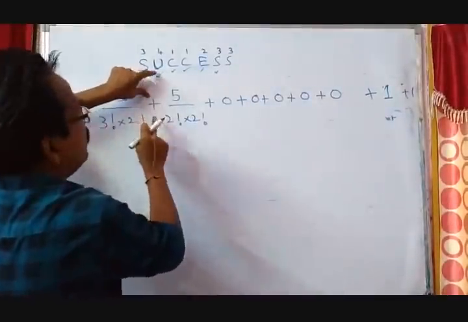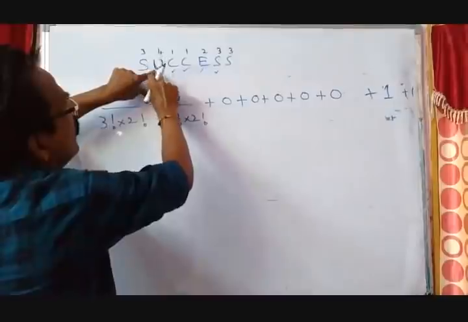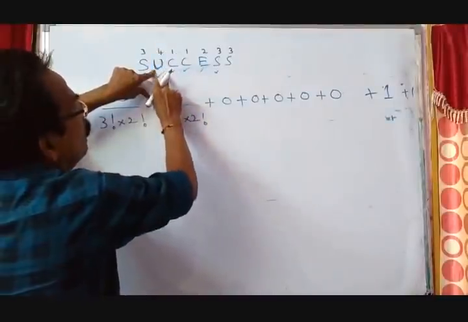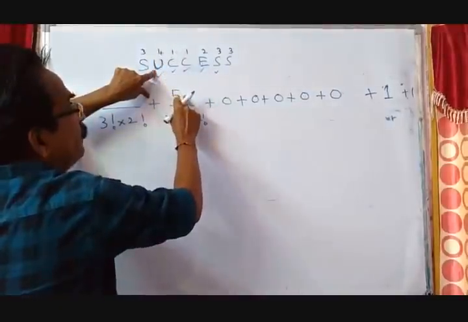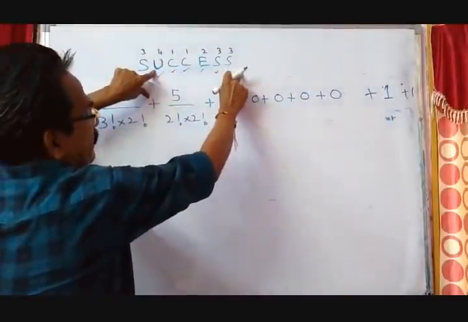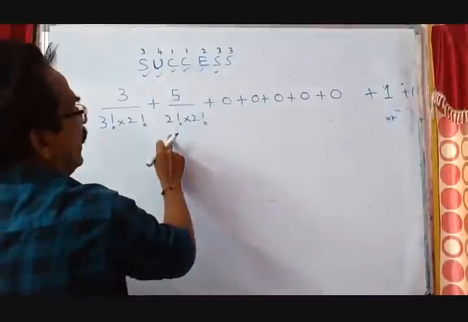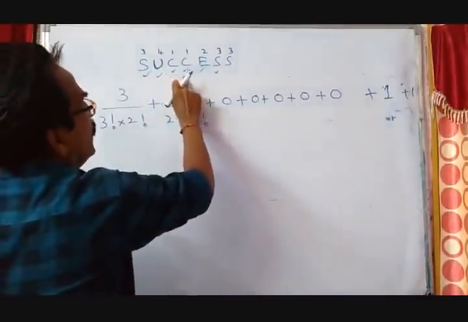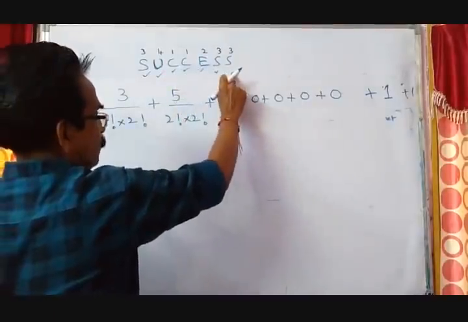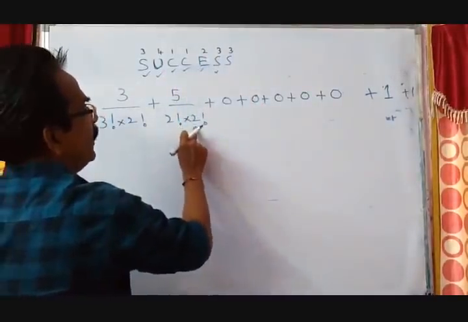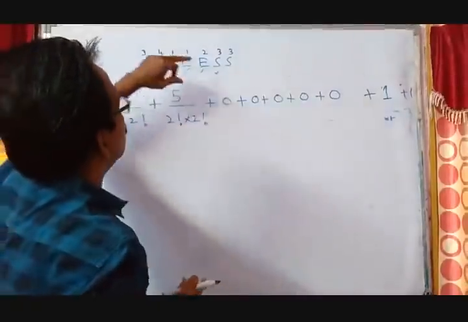Next, coming to U. The rank of U is 4. How many letters are there to the right of U lower than the rank 4? 5 letters are there. 5 by, including U, how many letters are repeating? 2 C's are there, 2 S's are there. 2 factorial into 2 factorial, plus all are zeros.